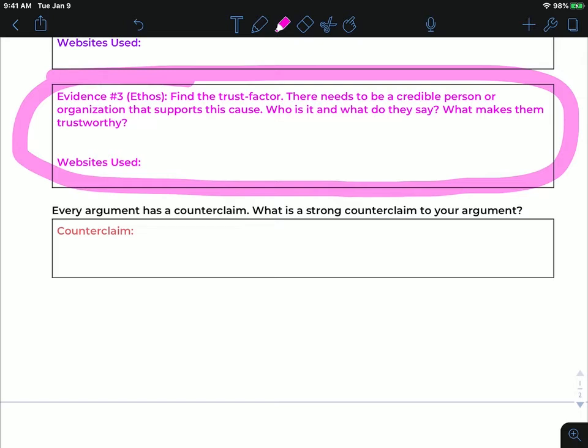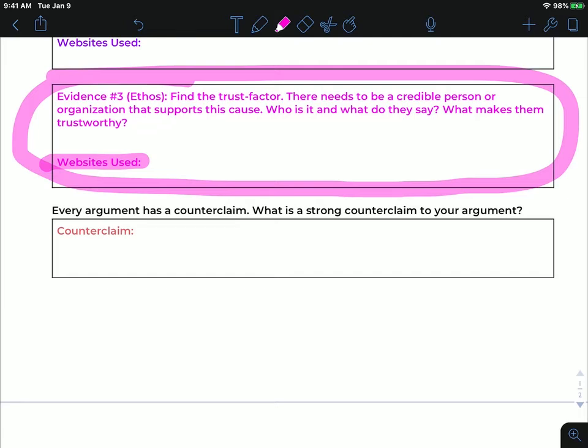One of the problems is that it's racist, and it's hard to eliminate bias from the criminal justice system. In which case, we're seeing more African Americans on death row than anybody else. So, by quoting President Obama, who supports the end of capital punishment, we're using somebody that many people have trust in to create and support the message, all right, your claim. So again, websites that were used.